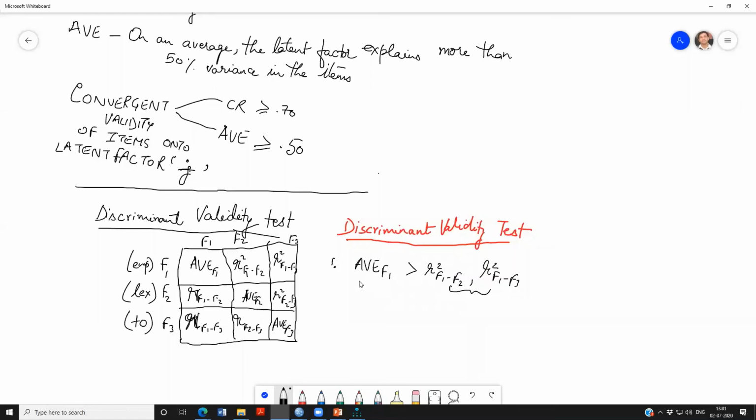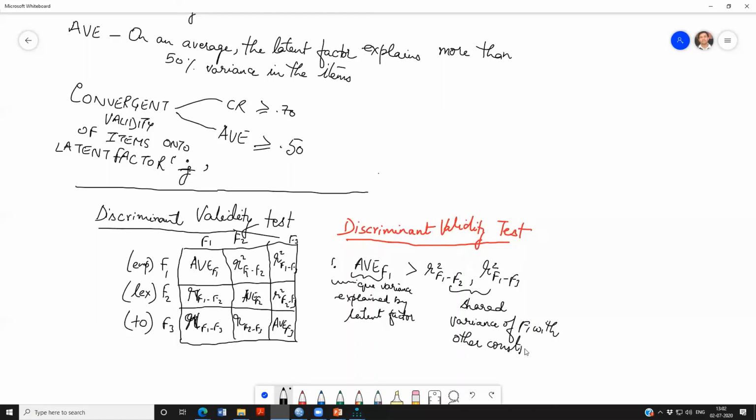This is the unique variance explained by the latent factor, whereas R square of F1 with F2 is the communality, the shared variance. So this is an estimate of the shared variance of F1 with other constructs.